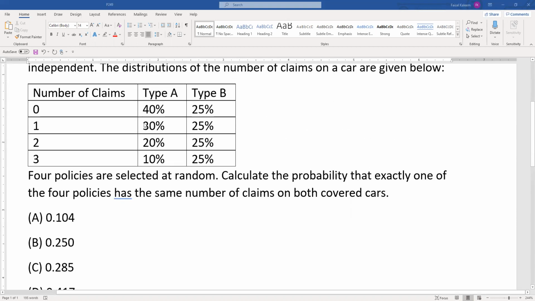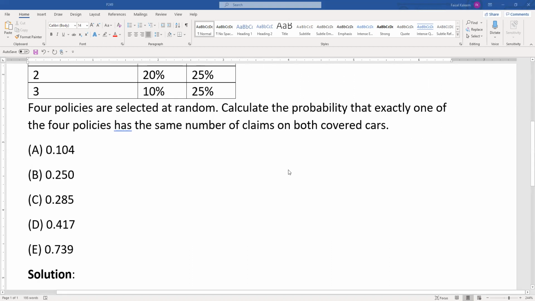And similarly, for both cars having 1 claim under type A, we'll multiply the two 30%, and so on.